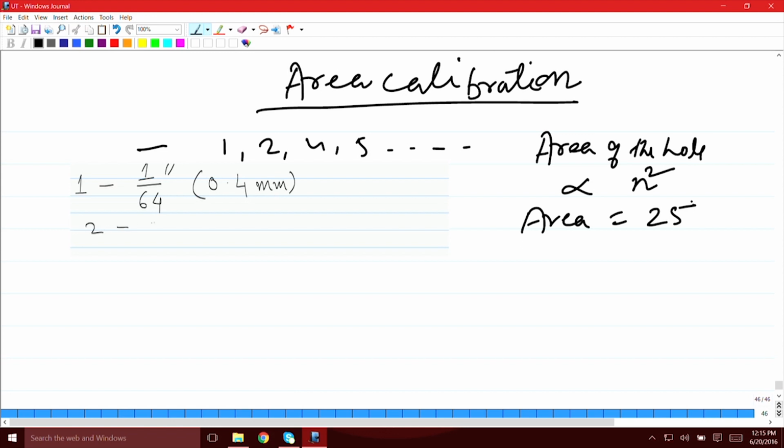Similarly, 2 will be 2/64th inch or 0.8 mm and so on. Okay, so now you can easily correlate why the area of the hole is proportional to the square of the number. Okay.